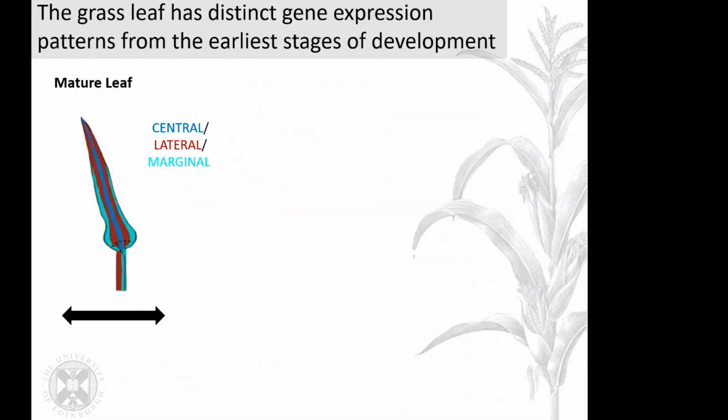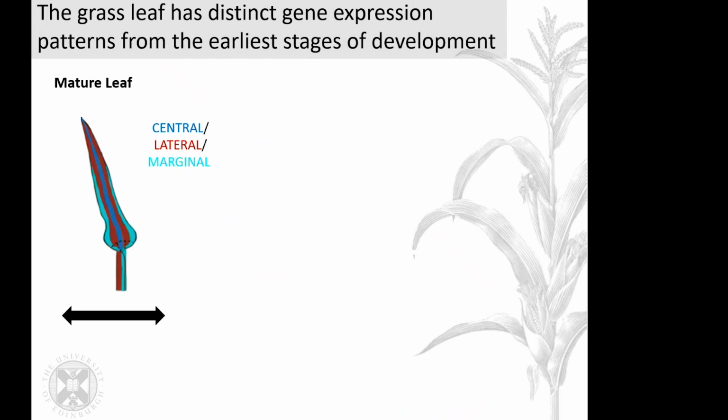And by looking at lots of different mutants, both ones that we've cloned and that have been published, we can start building in a general map of gene identities across the leaf. So these, we may not know what the exact genes are. It may be hundreds of genes that are involved in these, but we can see from mutant phenotypes that there are distinct regions that have distinct behaviors. So this is an example from the middle to the edges of the leaf.